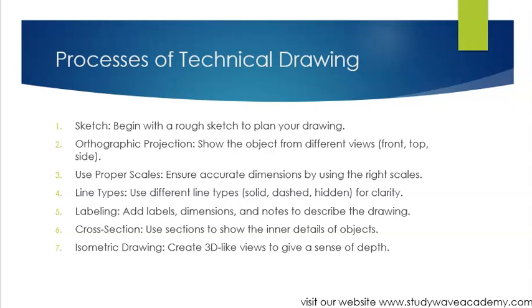Now we know the meaning of technical drawing, right? What did we say technical drawing is? Technical drawing is like a special kind of art that engineers, architects, and designers use to make precise and detailed pictures of things that they want to build or create. We did say that, right?